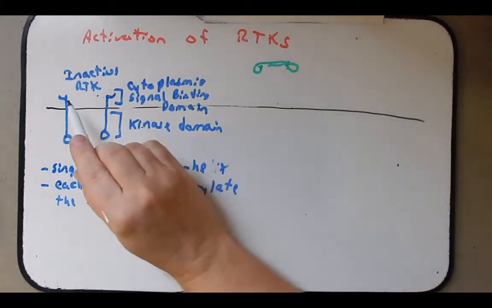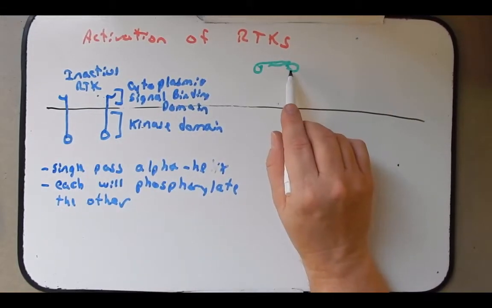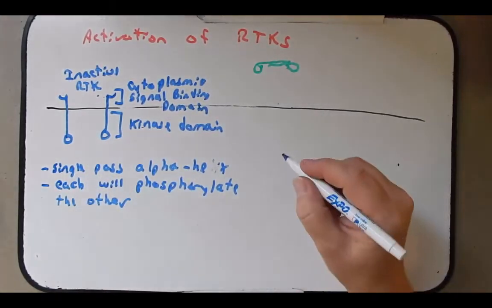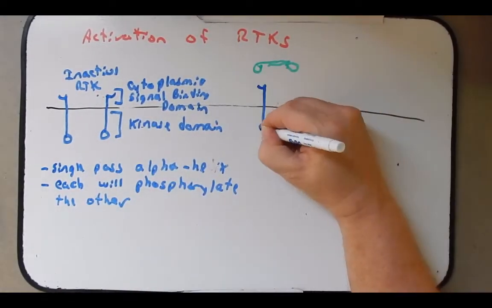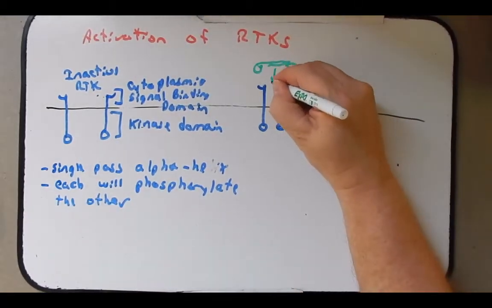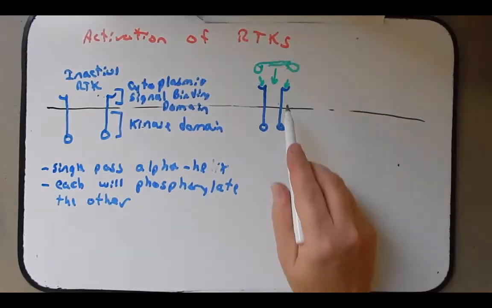When it comes in and binds to one half of the RTK, the other half of the signaling molecule will bind to the other, and it will bring these two RTKs together. So let's draw it down like so. And now this will come along here and bind to these two binding domains.